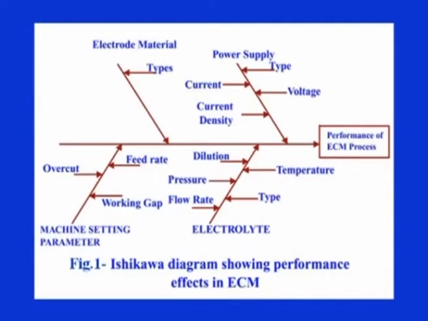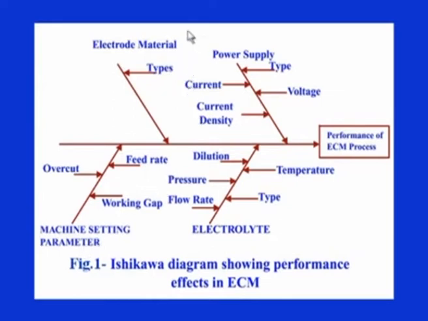Now, let us see the process parameters involved in ECM. An Ishikawa cause and effect diagram can be prepared like this, which is on the screen. So, there are basically 4 types of parameters: electrode material based, power supply based, electrolyte based, and machine setting parameters.